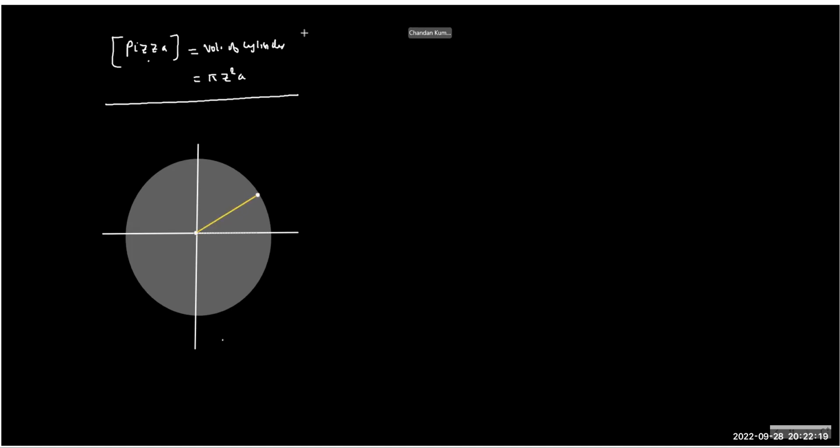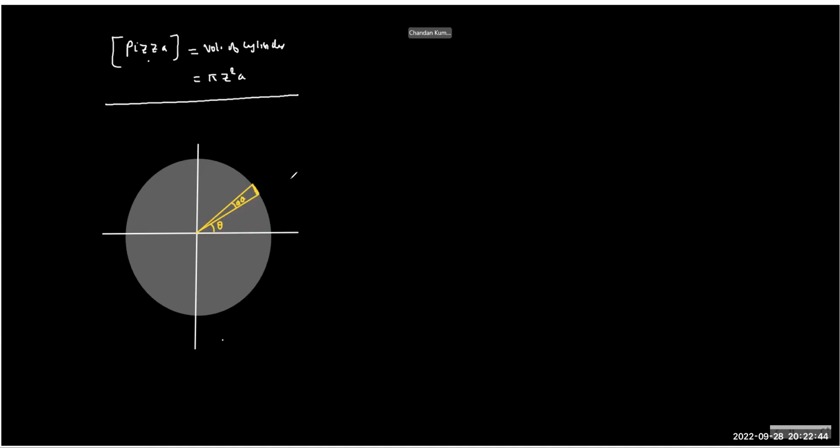So imagine we take a line at angle theta, and to make a slice, we move slightly ahead by a very small angle, almost like this. But to demonstrate, I will draw something like this. And this angle is d theta.